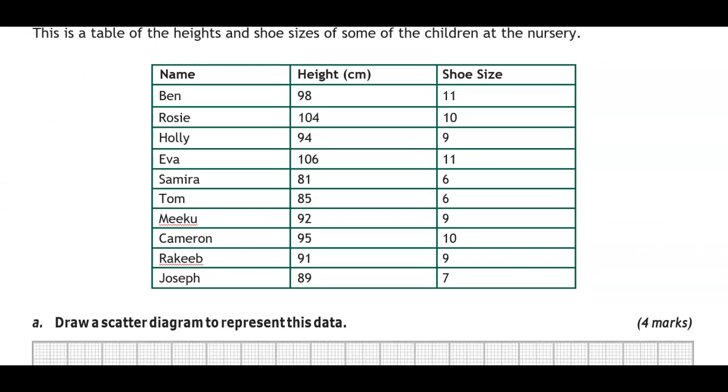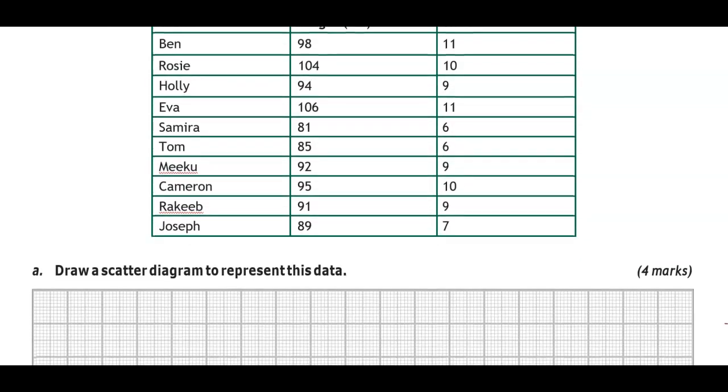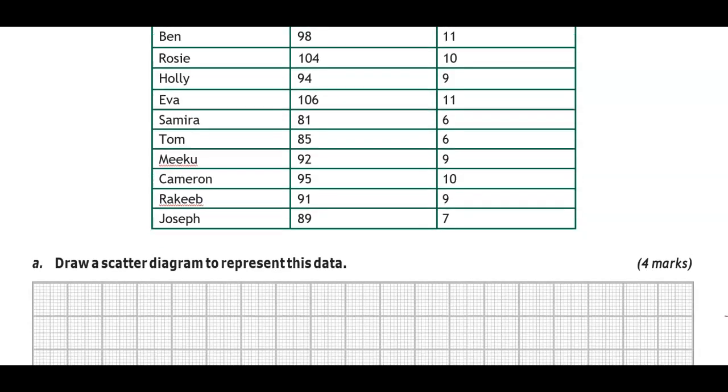This is a table of the heights and shoe sizes of some of the children at the nursery. We've got the names, height, shoe size. Draw a scatter diagram to represent this data. So on one of the axes will represent the height and on the other one the shoe size. Looking at the figures, we've got height starting from around 80 up to 106.